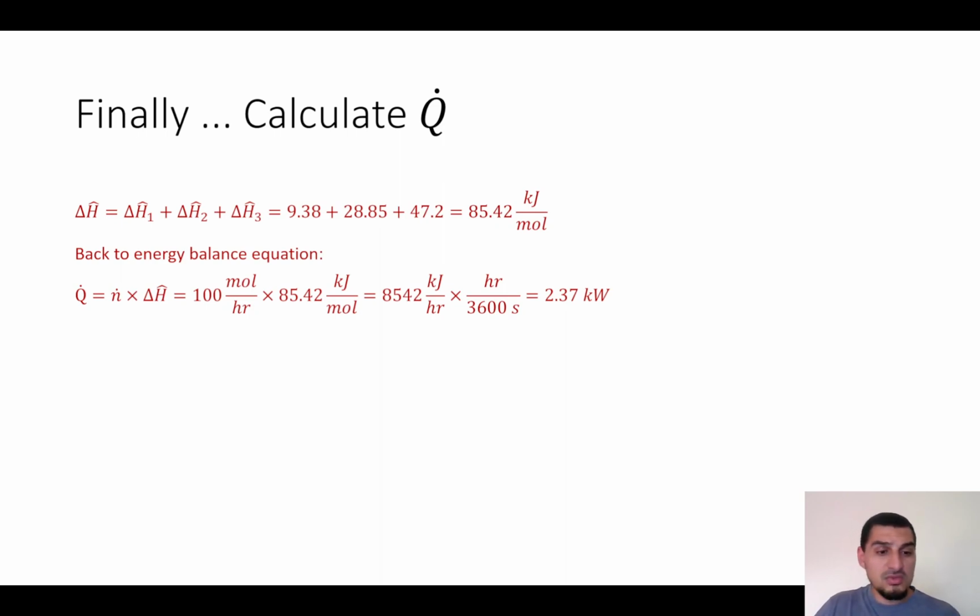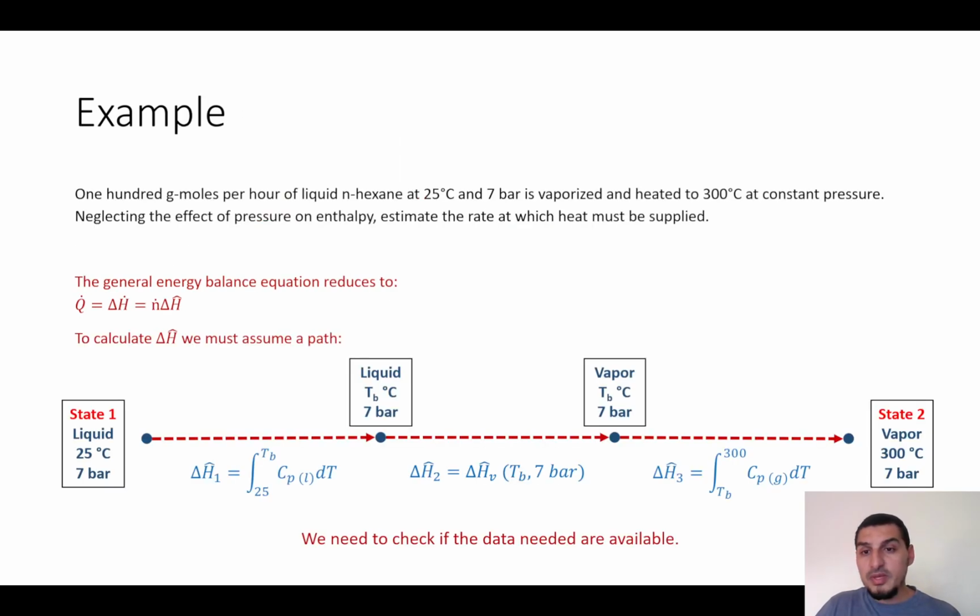One last thing that I want to mention here regarding this problem. If we go back to the original statement of the problem, and if we change only one word, which is the type of material, if we apply the same problem to water instead of hexane.